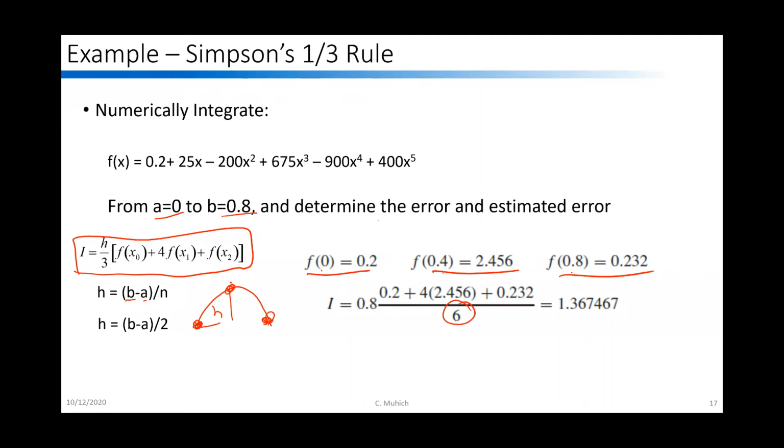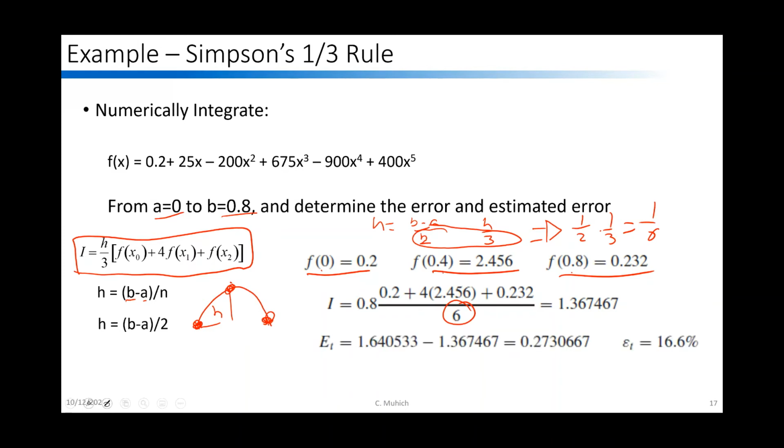Well, remember, H equals B minus A over 2, and then we take H over 3. So if I just look at that bottom piece, this gives us 1 over 2 times 1 over 3, which is equal to 1 over 6.